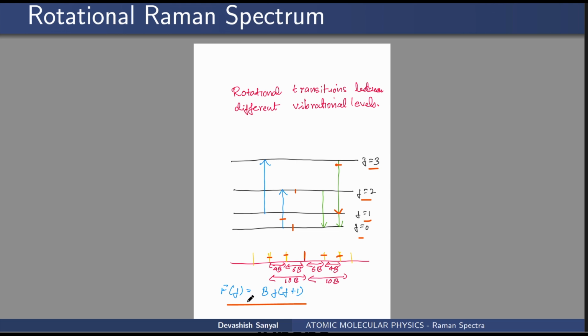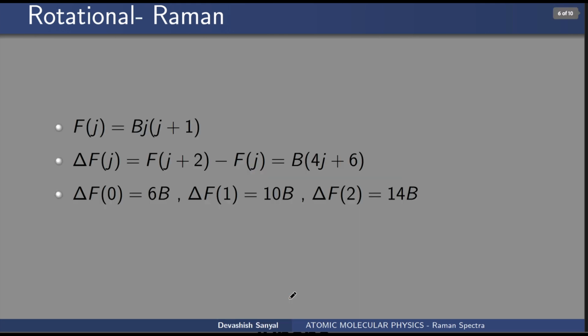So this we know. So this is related to the energy. So this is energy or frequency of a particular level, rotational level, and this is expressed in terms of inverse length. This thing we have done before, and we have defined what is B also. So F_J is B J into J plus 1.